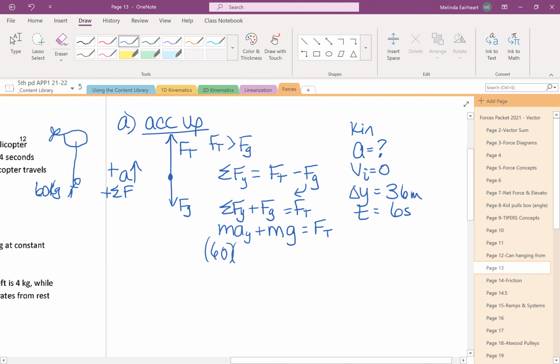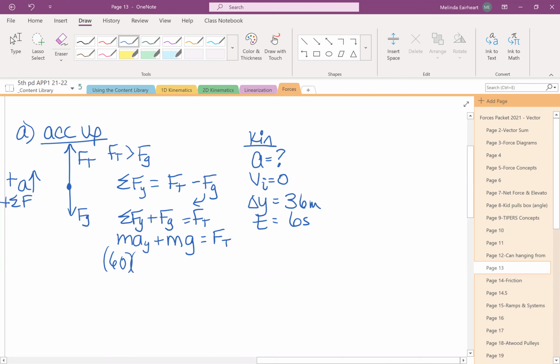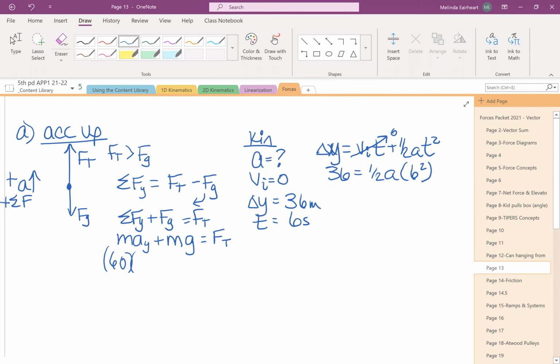No, don't go too quick. Students right here, they'll be like, oh, it's 6 meters per second squared. Don't do that. Use one of our equations, right? This is not constant velocity, it's a constant acceleration. And so we'll use our second equation. Yay, v initial zeroes out. And so then we got 36 meters equals 1/2 acceleration times t. Don't forget to square it. 6 squared is 36.